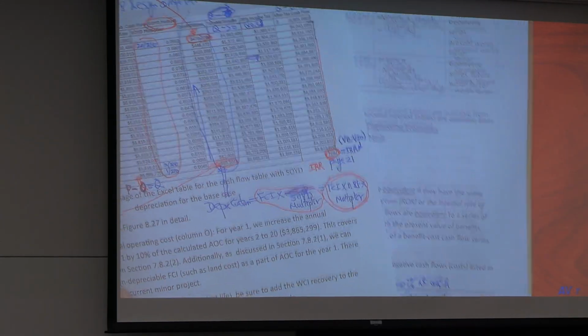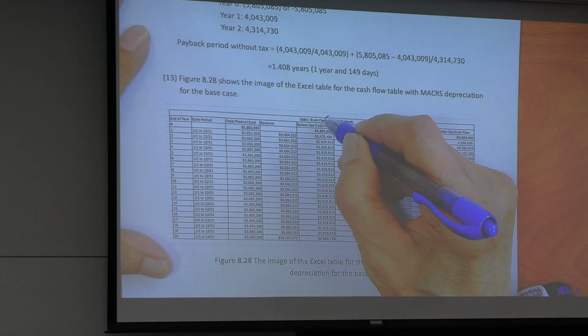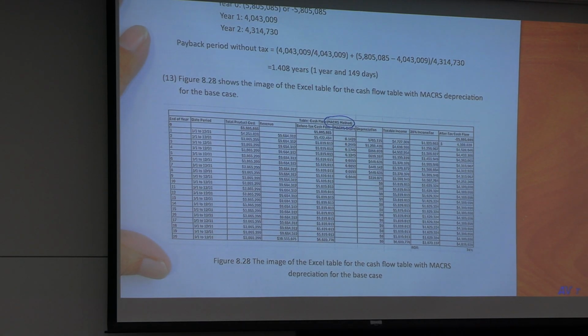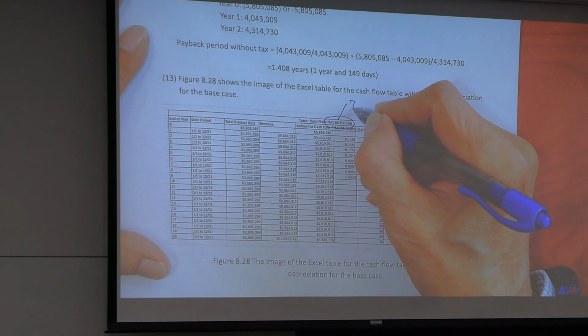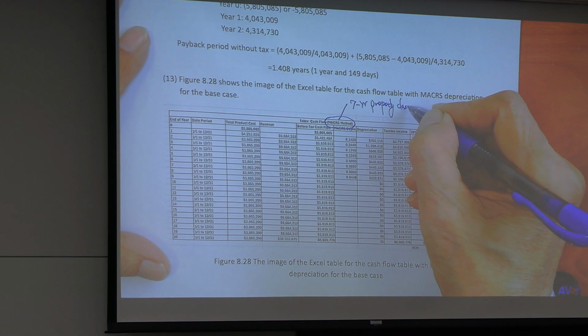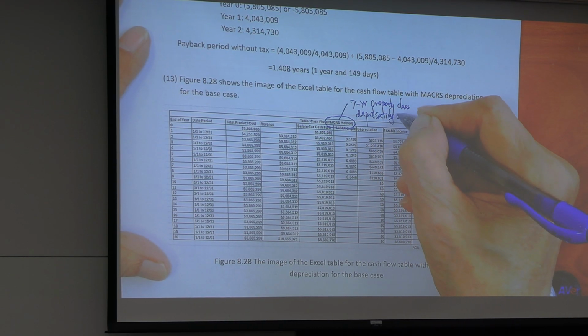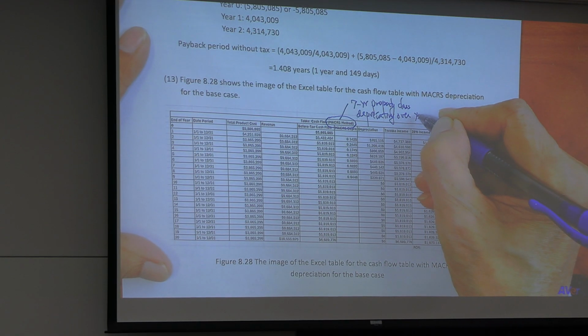Now, with that, another table. '63. You are asked to do also using MACRS. Seven-year property cost depreciate over 8 years.